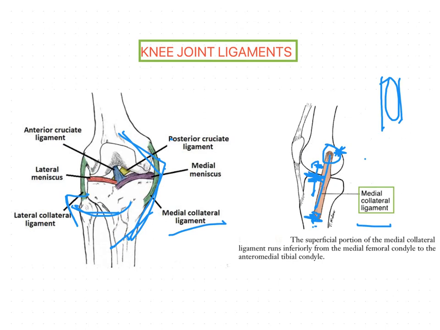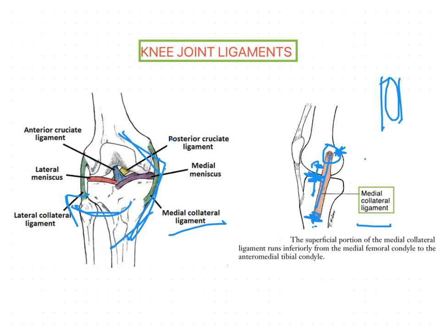Opening is possible on the medial side. With the knee flexed, the medial collateral ligament plays a more critical role in resisting valgus stress along with the permitted joint gapping.